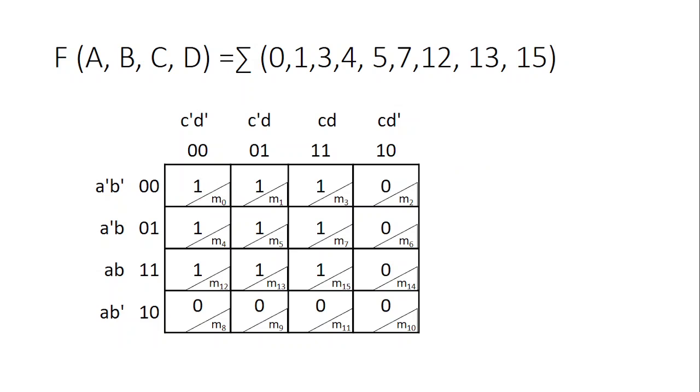Now let's look at the second position, where AB is 00 and CD is 01. So 0001, you know very well in binary, it is 1.